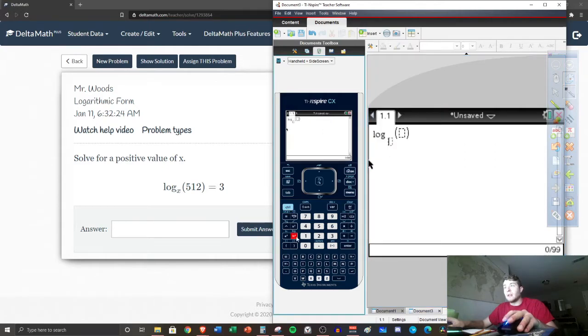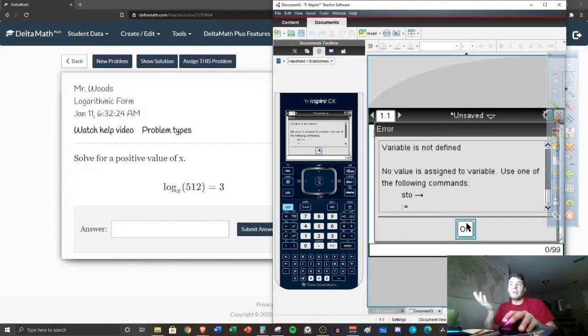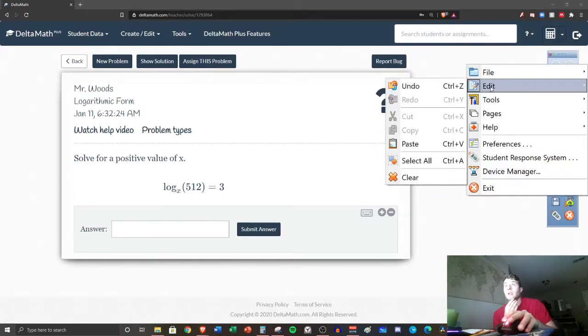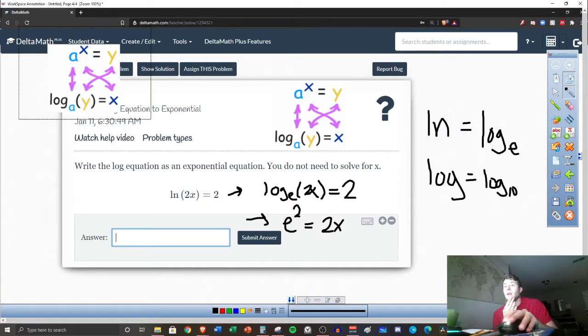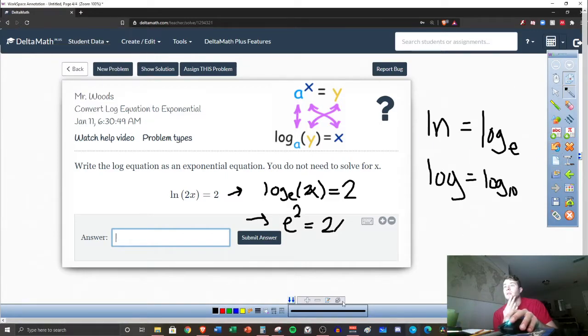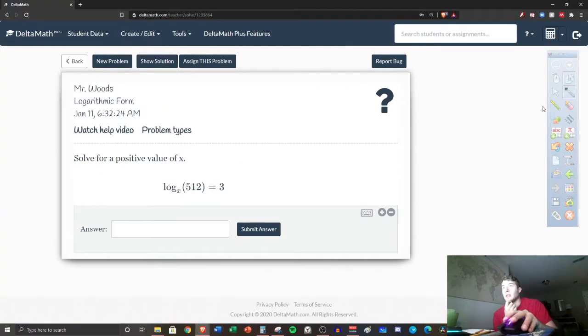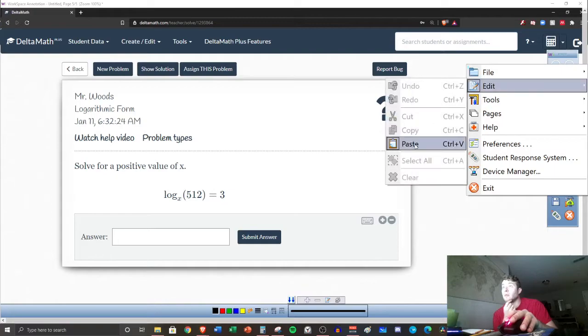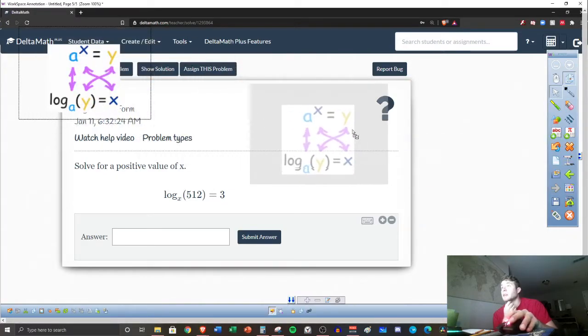If I do log base x of 512, it's not defined. It's impossible to do this. Let me start a new document here. Oh wait, I didn't actually write on this. We need to paste in our formula here.